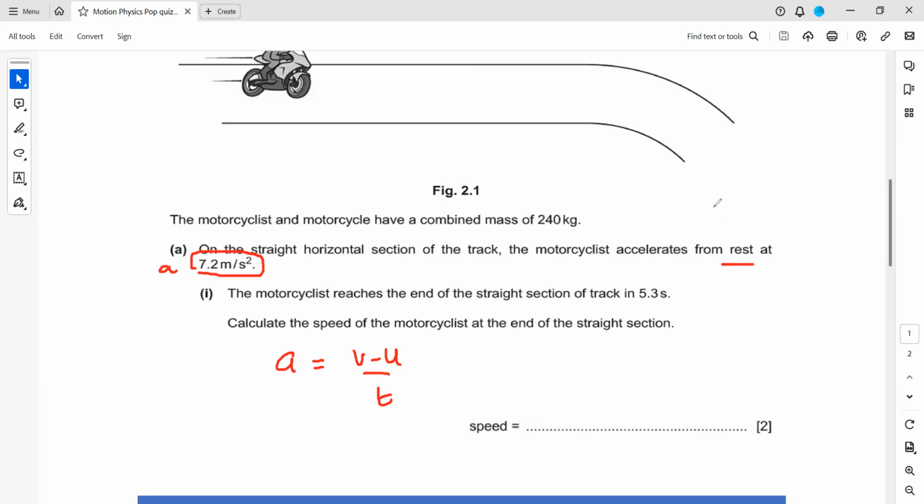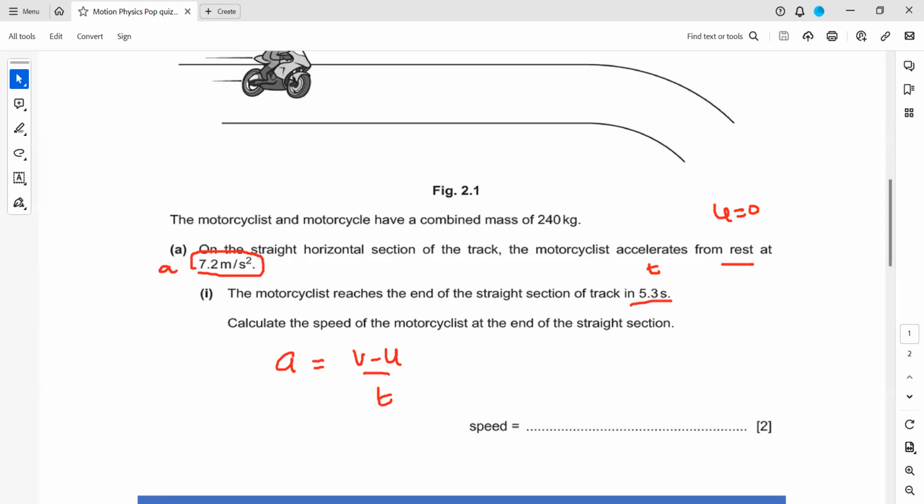And he started from rest, so the starting speed is 0, and the time interval is given 5.3. Whenever you're solving a question, 1 mark is always for writing a formula. So in an exam, whenever you have any question, you should always write a formula. If you just write the final answer, you will lose a mark.